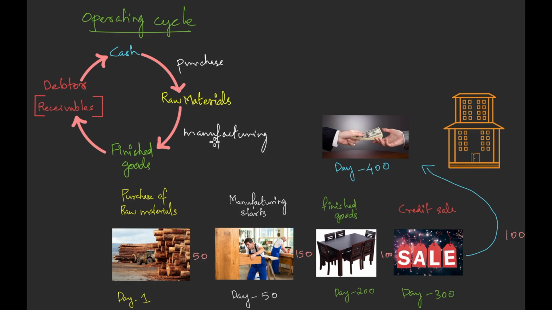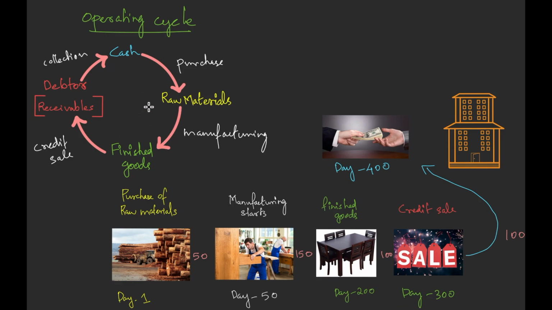After finished goods are ready, they are converted into debtors or receivables through credit sale. Then these debtors are converted into cash through collection, when debtors make the payment. This cycle is known as operating cycle.